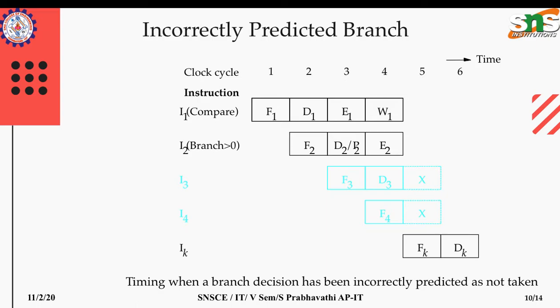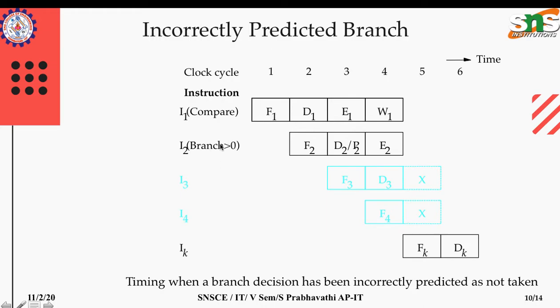Okay, an incorrectly predicted branch example, as I told you. Here in instruction 1 a comparison is taking place, and based on that result the branching will happen. That compared value is used in the branching.